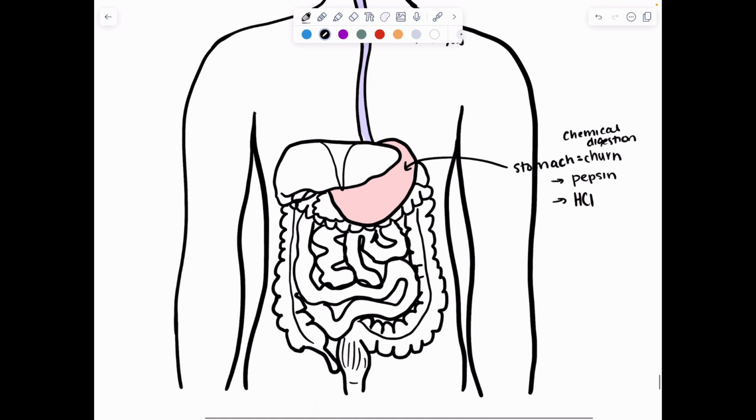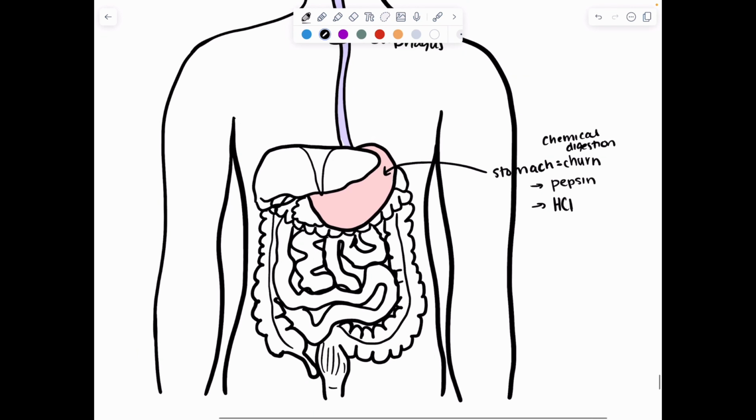Now from the stomach, the one thing I realized I didn't really explain is that we also have, no, I'll get to it, it's okay. So that's our stomach. Then from our stomach, we're going to go into our small intestines. So it kind of goes down into our small intestines.